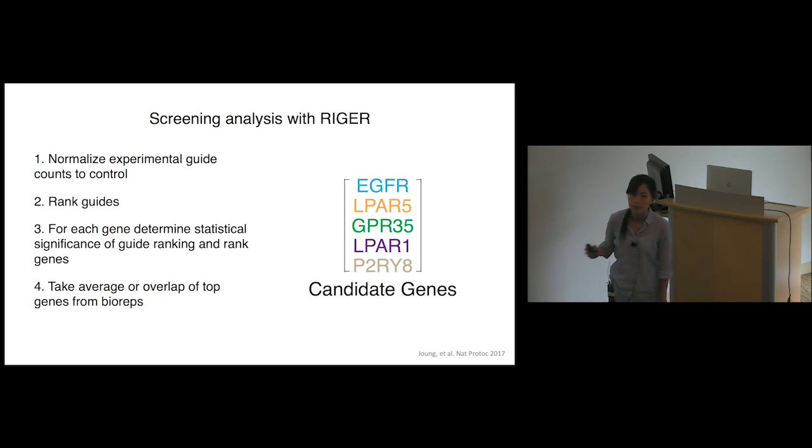In the Nature Protocols paper, we cover RIGER because that's the analysis program that we've used for most of our published screens. But there are more recent analysis algorithms that might be more helpful, like MAGeCK or STARS, which might be worth looking into for screening analysis. And then typically, we take the average or overlap of the top genes from each biorep to call the hits.